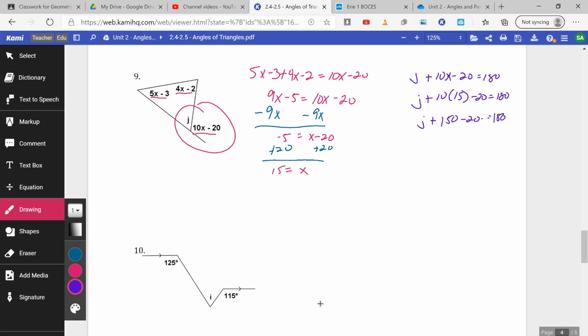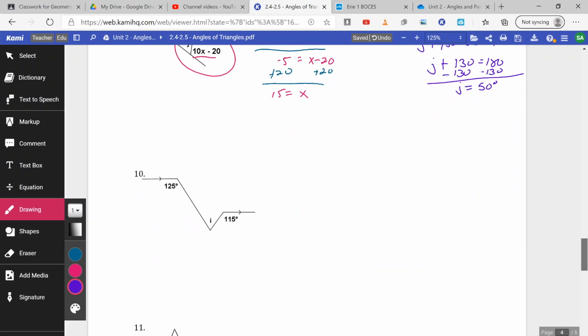So we got j plus 150 minus 20 is 180. Combine our numbers, so we get j plus 130 is 180. Subtract 130, and we get 50 degrees. That one was relatively simple.